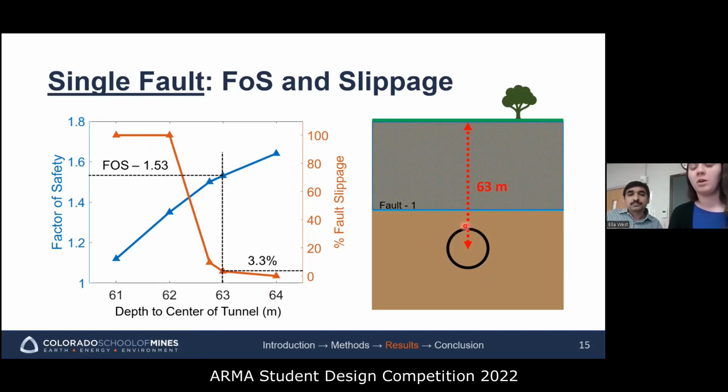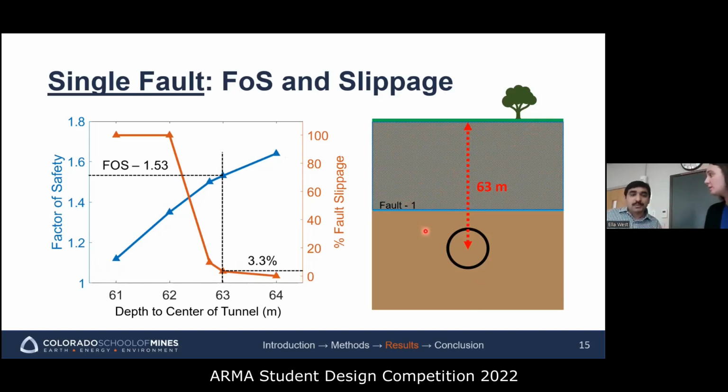But once you get away from the zone of influence and put the tunnel deeper and deeper, it starts to level out and have a significantly smaller percentage of slippage. And for factor of safety, I think it's fairly consistently increasing here. In my opinion, this is due to increased stress from overburden and increased confinement on the tunnel.